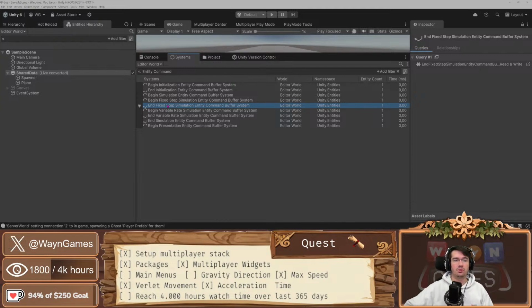So you can, for instance, say that you will load your scene in the initialization systems group, so that whatever command you put in will be run before the next frame, and on the next frame you will unload everything.